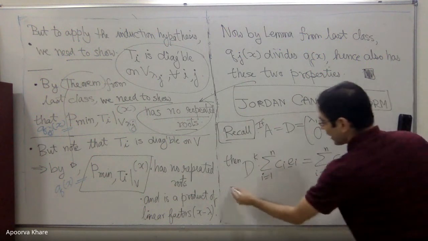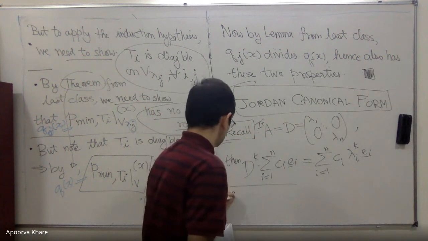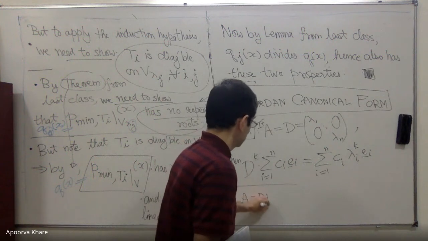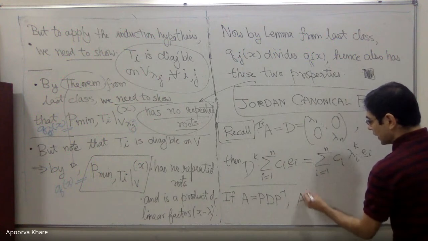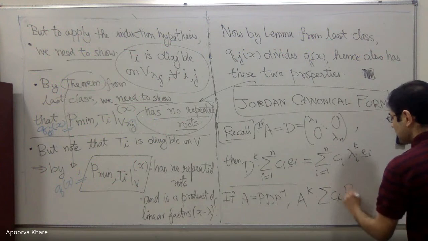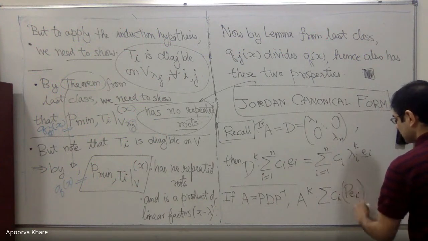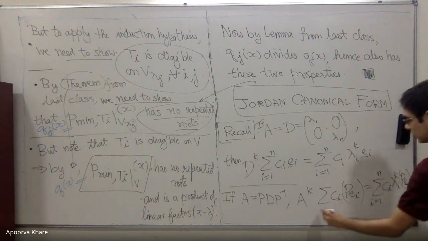And then similarly, if you have A equals PDP inverse, then again you can talk about A to the k acting on the summation of Ci P Ei. This is a new basis because P is invertible. And this is again, once again, the summation over i from 1 to n of Ci lambda i to the k P Ei.